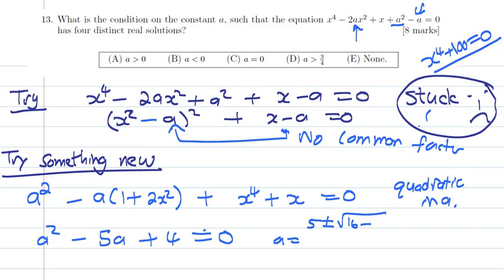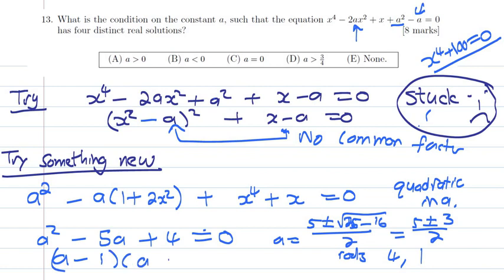So 25 minus 16 over 2. So this becomes 5 plus minus 25 minus 16 is 9. So it becomes that. And so you can see that the roots are 8 over 2, which is 4, and you get 1. And so because the roots are that, it factorizes as a minus 1 times a minus 4.